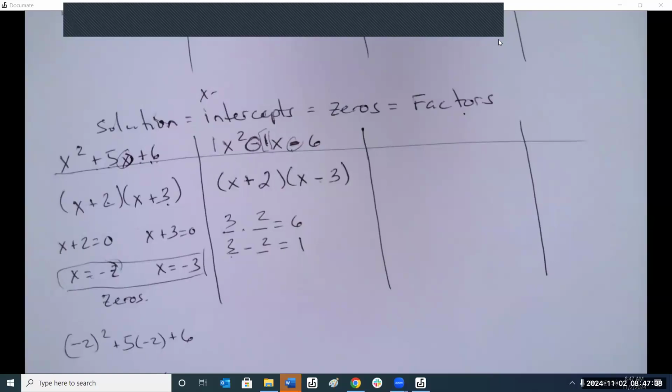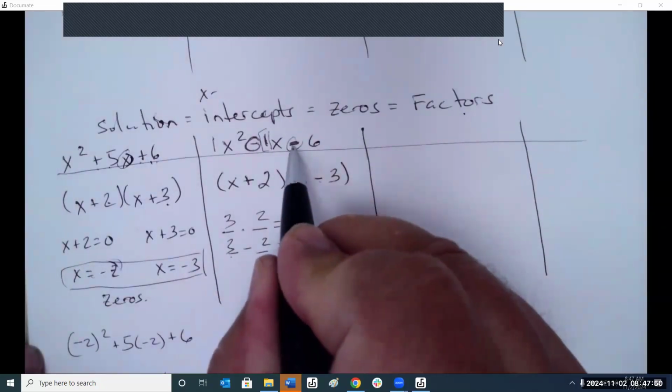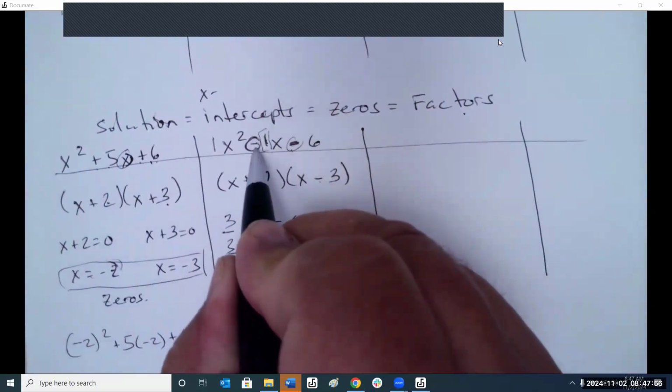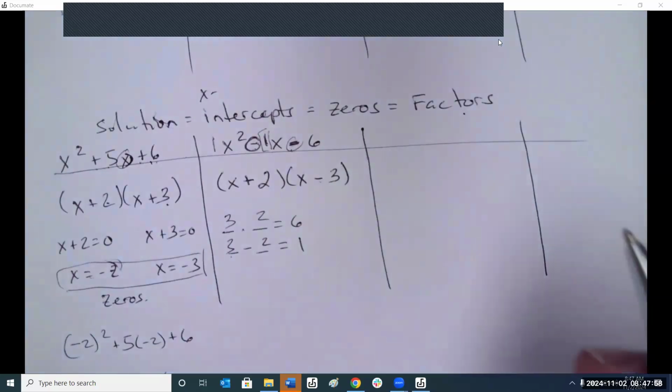I got lucky there, but it worked. But that's the reason why. If the second sign's a minus, the signs are opposite. The bigger number gets the first sign. That's basically the bottom line.